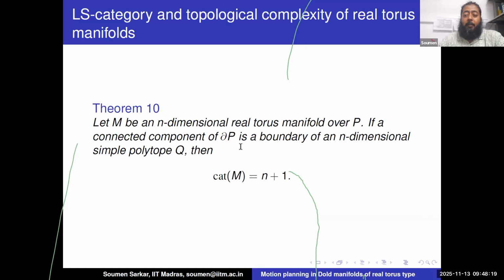But we can see that there are several situations. It might be that, okay, the boundary of the orbit space, a nice manifold with corners, is the topological boundary. So if that happens, then we get the exact value. However, in general, we don't know what to have.